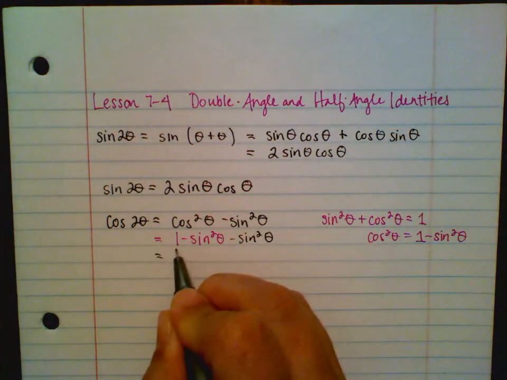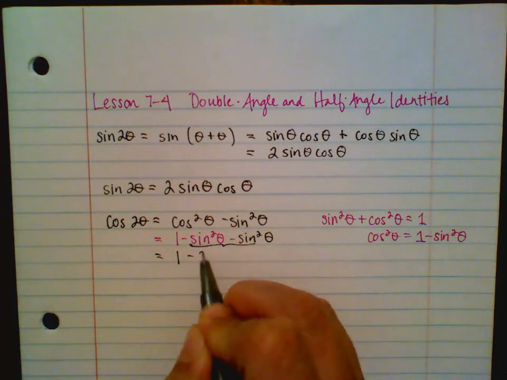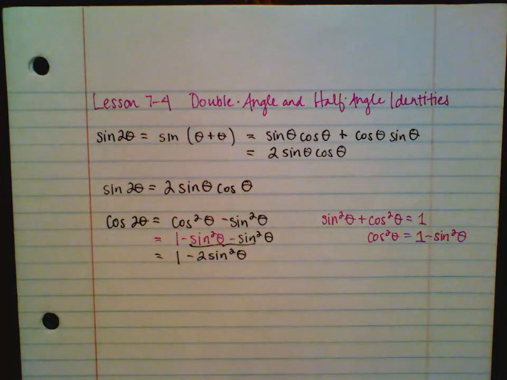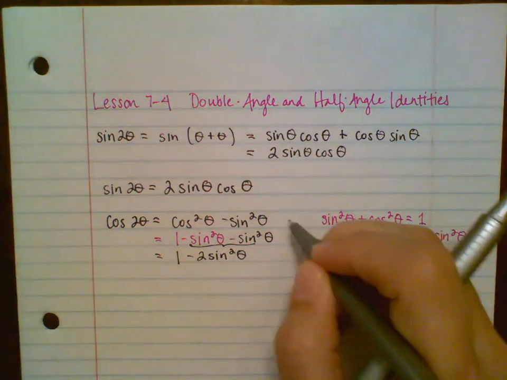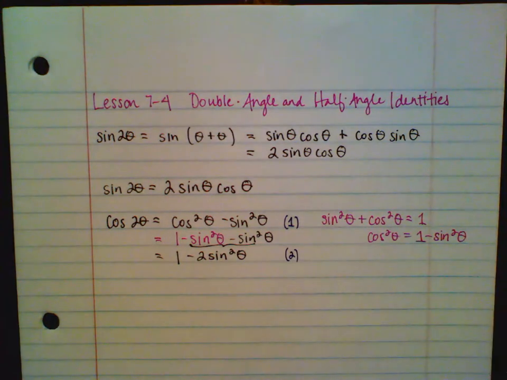When I combine my terms, I bring down my 1. Negative sine squared theta minus sine squared theta is negative 2 sine squared theta. So as of this moment, we have two different formulas for cosine of 2 theta. We've got this one, and we've got this one.